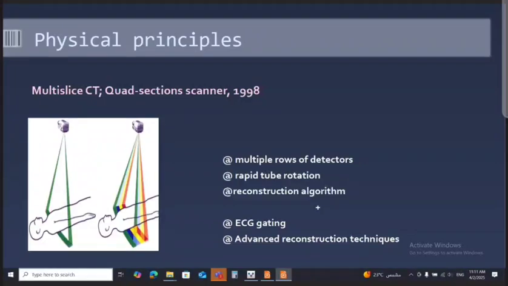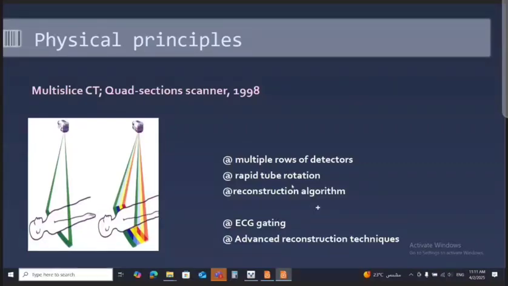And so in the same second, in which the previous scanners imaged one axial image, in the developed multi-slice scanners we acquired 8 images in the same tube rotation.